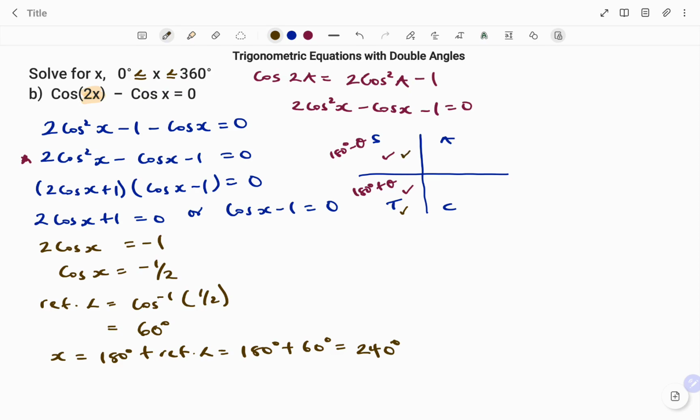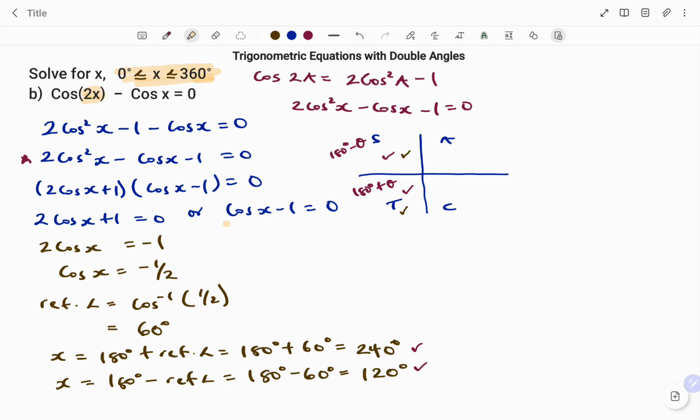Going back to my second quadrant, x will be 180 degrees minus my reference angle. So that's 180 minus 60, and that's equal to 120 degrees. Note that these two values still fall within the interval 0 degrees is less or equal to x, and then less or equal to 360 degrees as given in the question. We're done with the left-hand side.